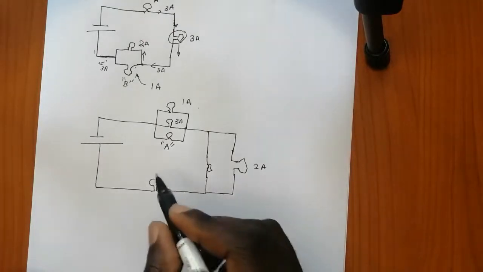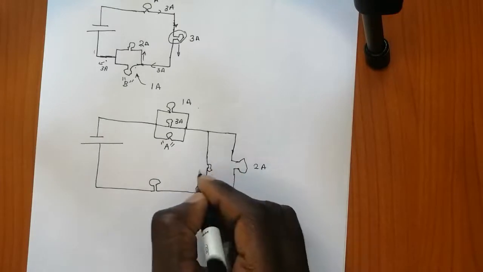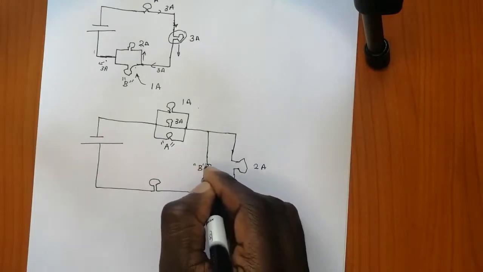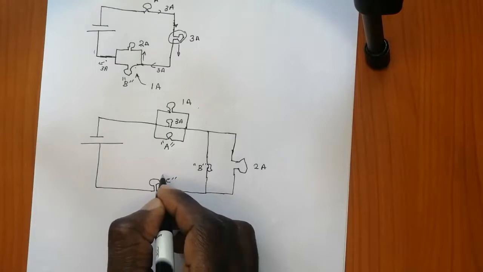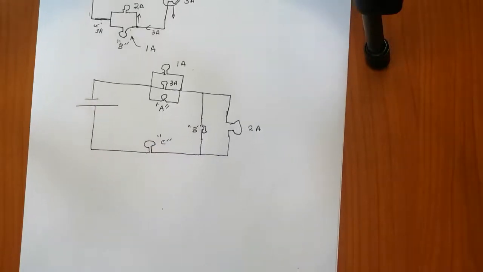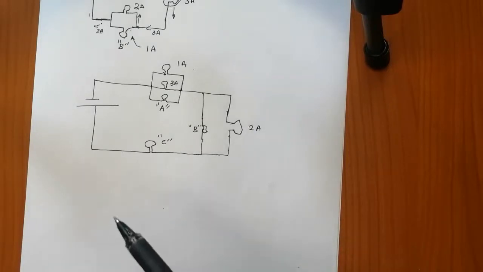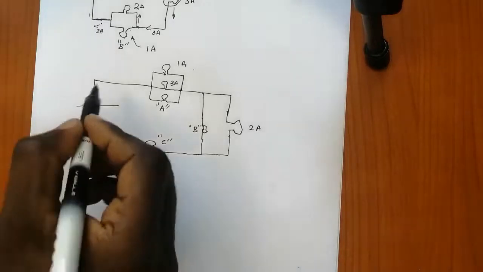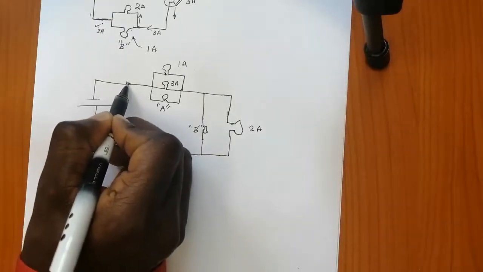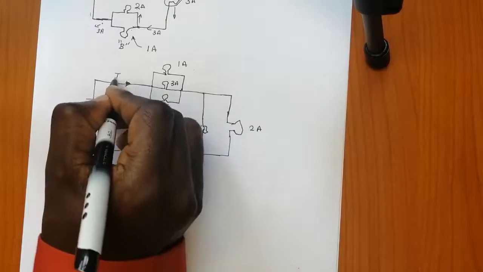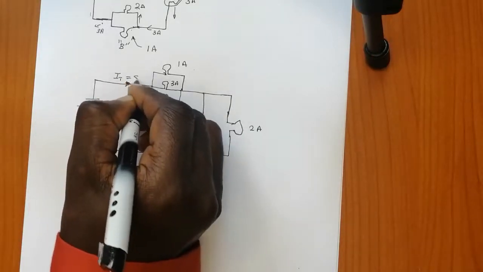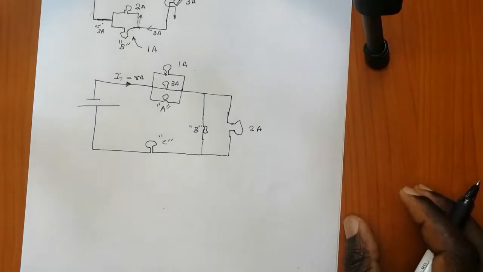So I need you to find a current at A, a current at B, and a current at C. And let me say that the current that I'm providing here, I total, is equal to 8 amperes.